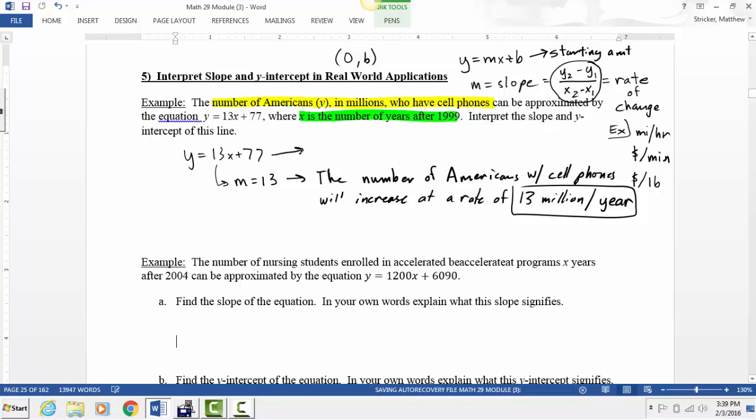So that number right there means that in 1999, when this whole situation started, 77 million Americans had cell phones.